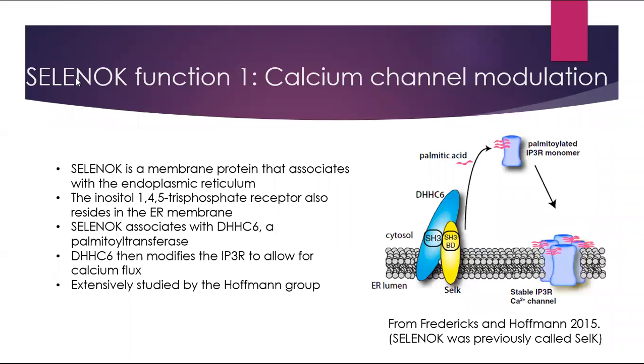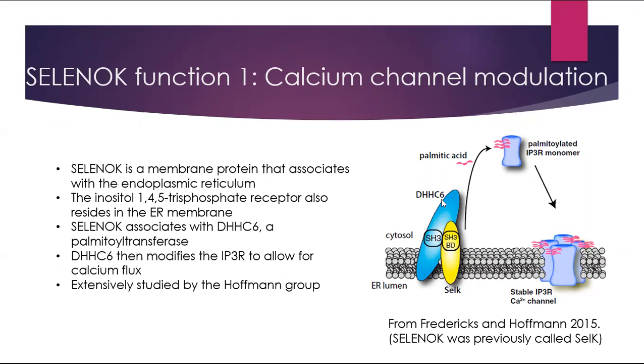The first function of seleno K is calcium channel modulation, and this has been extensively studied by other groups. Seleno K associates with the endoplasmic reticulum or ER membrane and physically interacts with a protein called DHHC6.